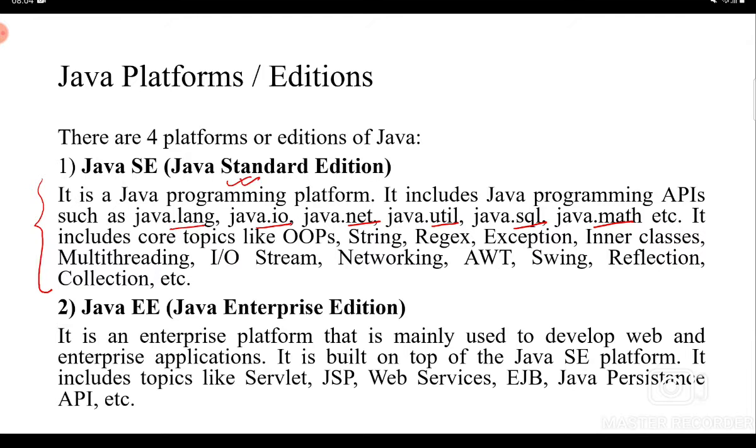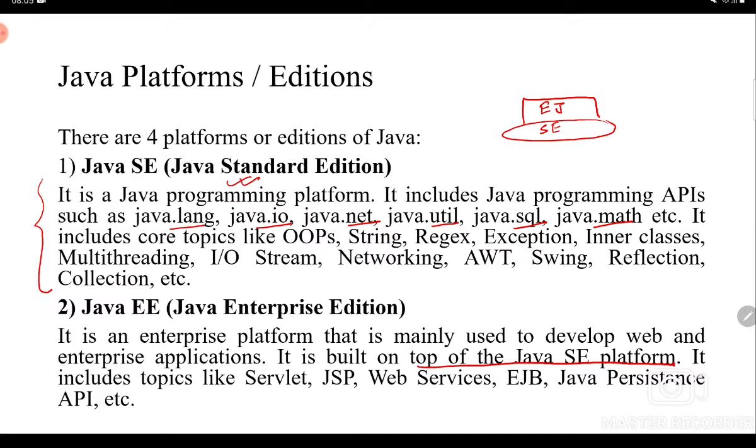The next edition that we have is the Java Enterprise edition. So this basically is a platform which is mainly used to develop web and enterprise applications, and it is built on top of the Java standard edition platform. So we have a standard edition platform here, and on top of this we will have this enterprise Java edition.